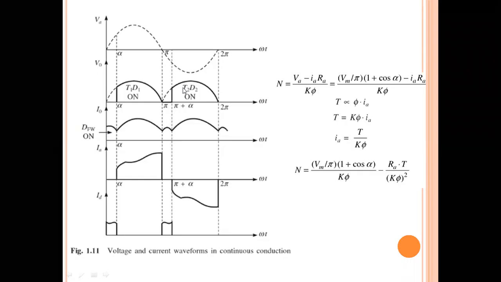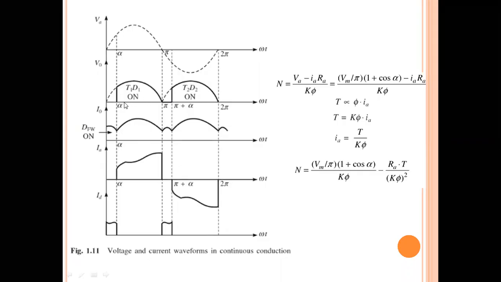At pi plus alpha, thyristor T2 is triggered and the input is fed, which means the current from the input supply terminal is fed to the motor, so the current rises like this. Similarly, the shape of the output voltage will be the same as the input waveform. Okay, so this is the output voltage and this is the output current for the continuous conduction operation.